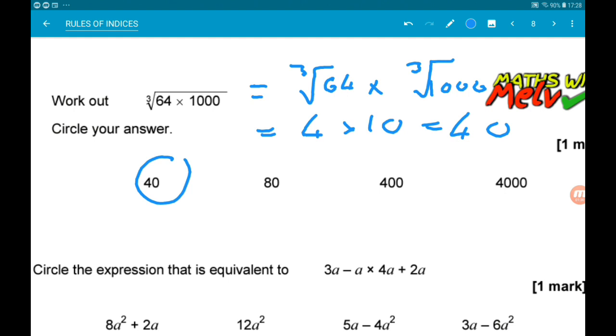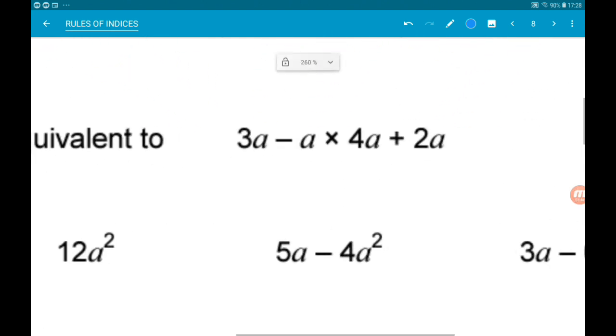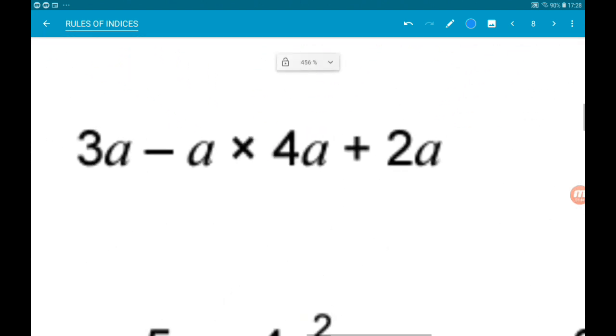Okay, then we want to circle the expression equivalent to 3a minus a times 4a add 2a. So again, bit maths here. So, first of all, we need to do the minus a times 4a.